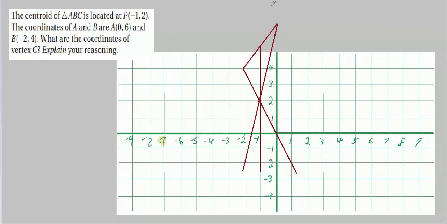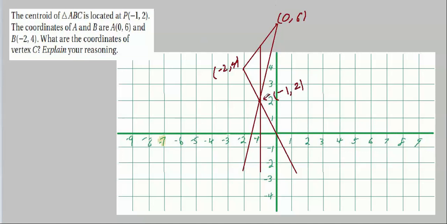A is at 0, 6. That's right here. Now B, that's over here, minus 2, 4. And the centroid, that's where the medians intersect. That's right here. And that's at the point minus 1, 2. That's that point right there.